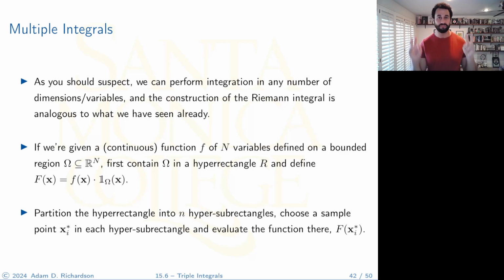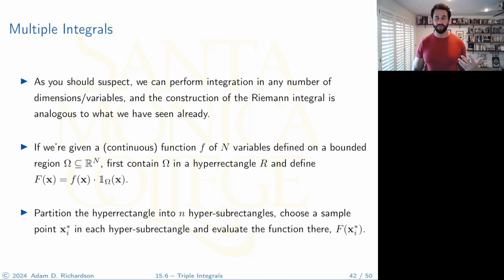If we're given a continuous function f of n variables, and it's defined on some bounded region omega in Rn, that's n-dimensional space. First, we're going to contain omega in a hyperrectangle R, and we're going to define our function f using an indicator function.